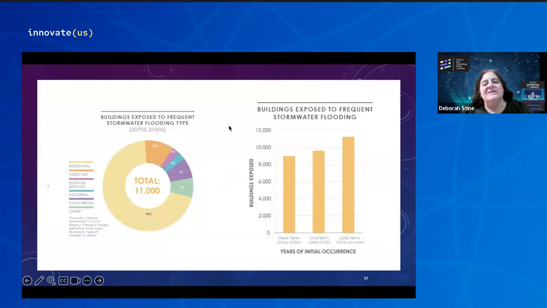So that's the other thing I don't see very often. When people talk about flooding, they might say, oh, it's a couple of inches above what it is. But in this case, not only are they talking about the overall number of buildings exposed to frequent stormwater flooding that have increased, but they're also saying the kind of buildings, right?